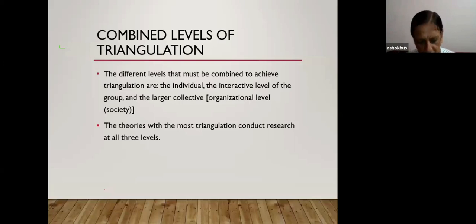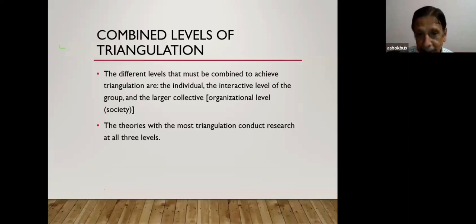Now, suppose, for example, you want to study the behavior of an organization, or organizational performance. The individual here refers to a particular organization from where you have collected the data. That may not be completely true of the entire sector.